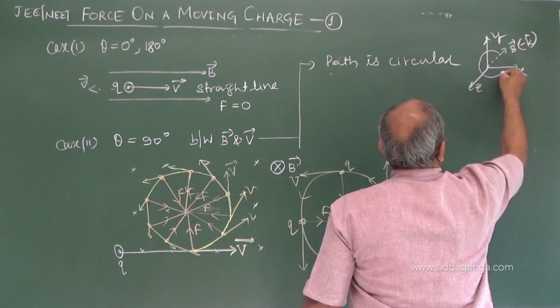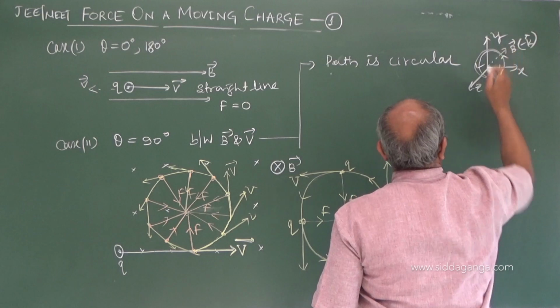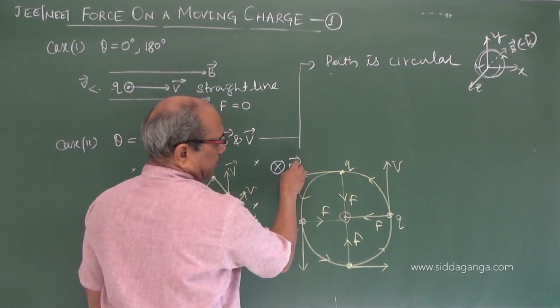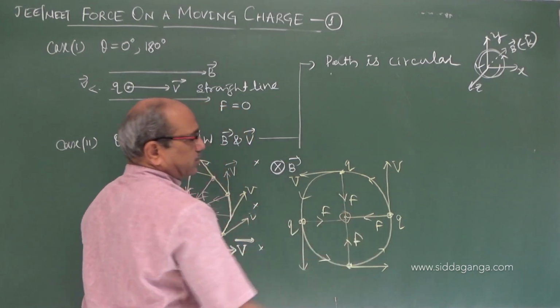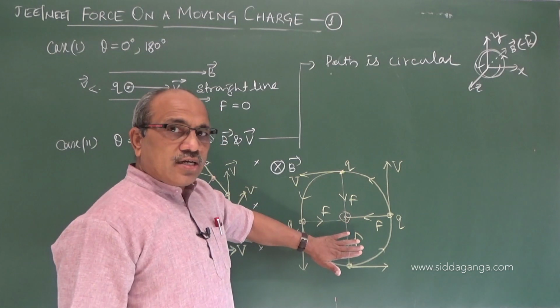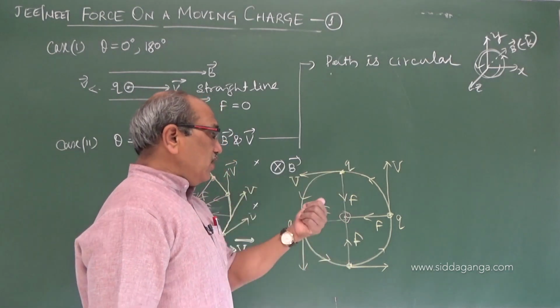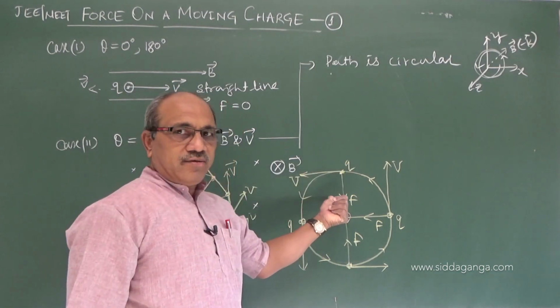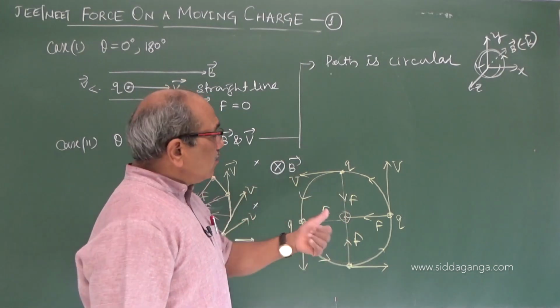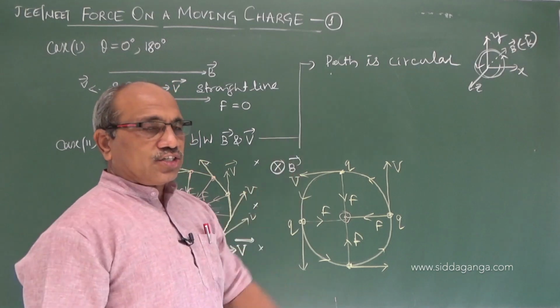Now the circle is described in the xy plane. If B is minus k, in the xy plane we are getting the circle. That means the charge describes the circle in a plane perpendicular to the direction of B. The circle is in the XY plane, and B is acting in the Z direction.